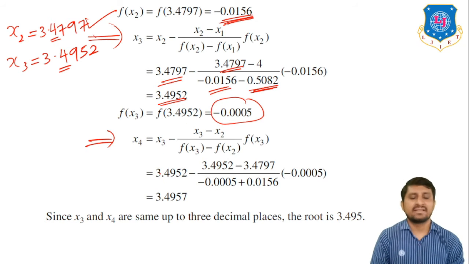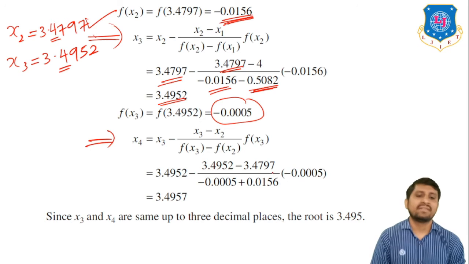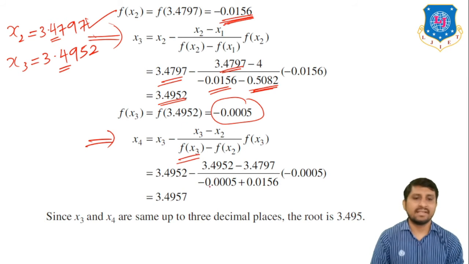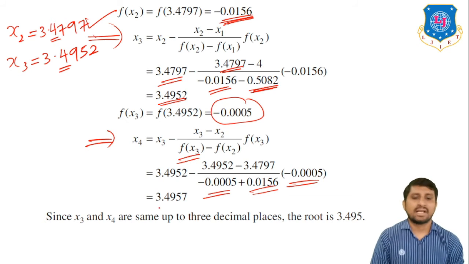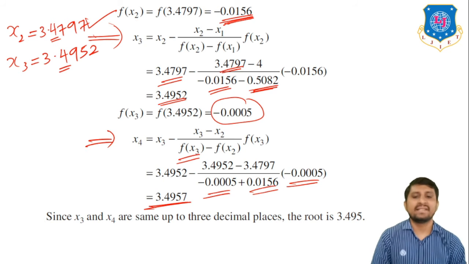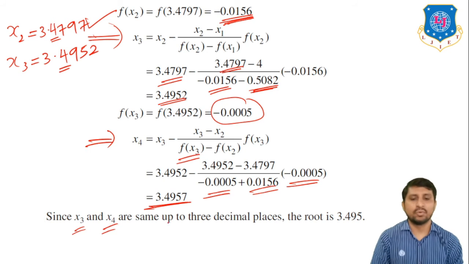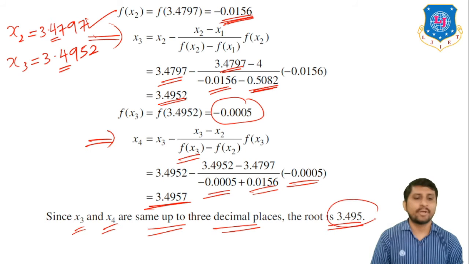So x3 is 3.4952 minus (3.4952 minus 3.4797) upon (minus 0.0005 plus 0.0156), into minus 0.0005. So the answer is 3.4957. Since x3 and x4 are same up to 3 decimal places, the root is 3.495.